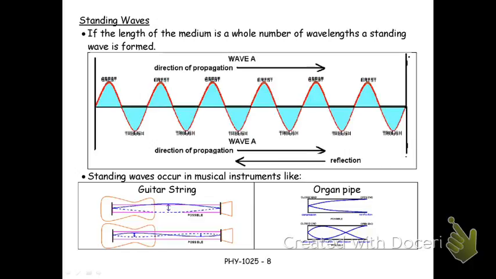For other waves, you get the wrong wavelength for the length of string, and they destructively interfere and cancel out. So you only hear certain frequencies with a guitar string, because you decide the length of the string and the speed of the wave on the string.